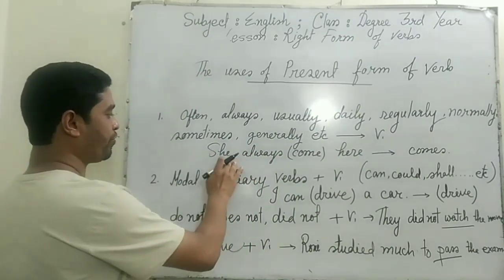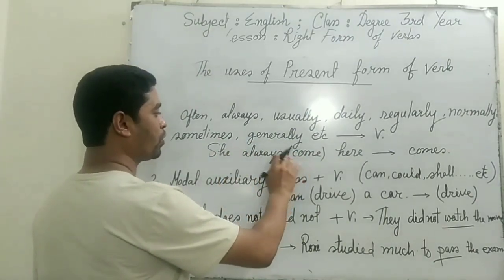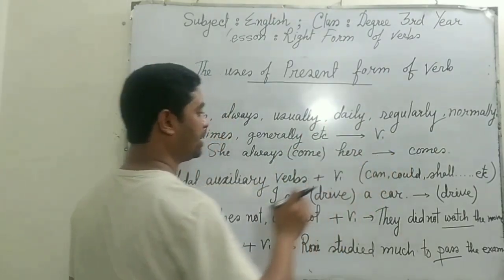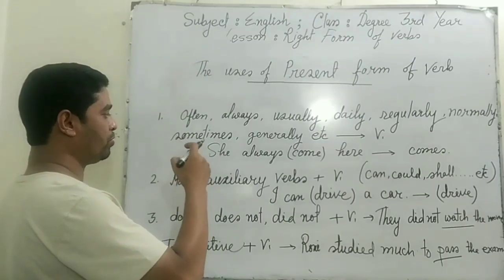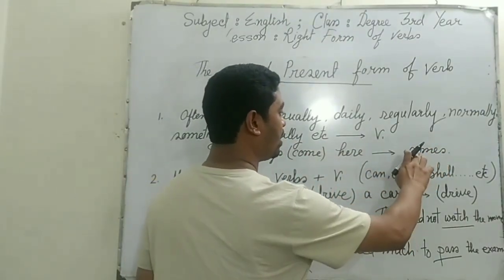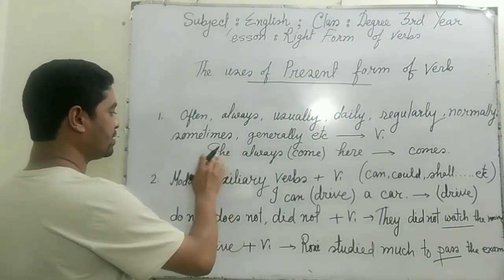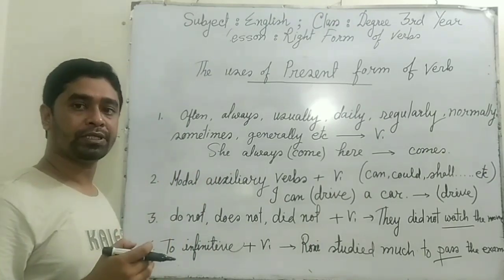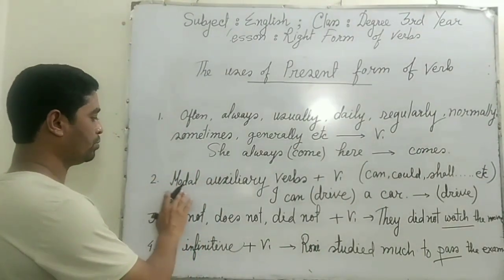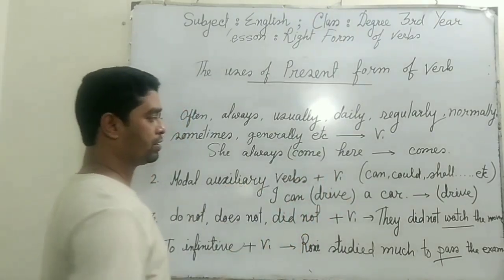In this sentence we find always. So the verb come will be present form. Comes. Here it is noticeable that s is added after the verb because in this sentence the subject is third person singular number.